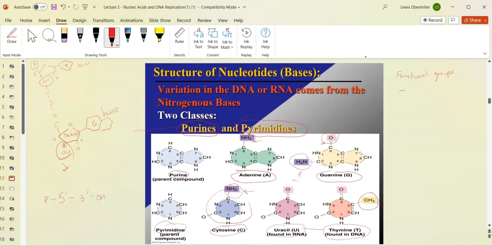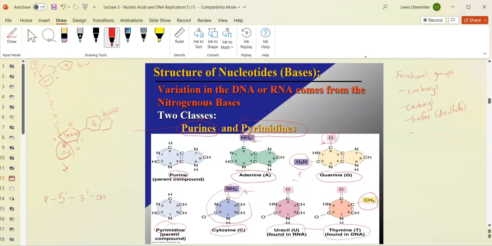So the ones you should know are carboxyl, carbonyl, sulfhydryl, or also called disulfide.